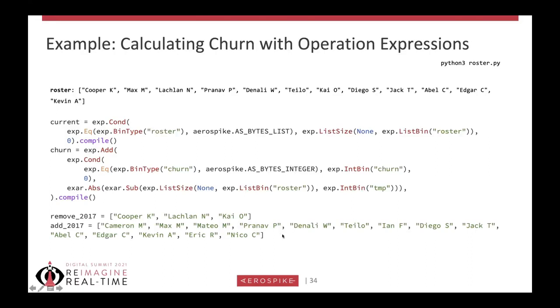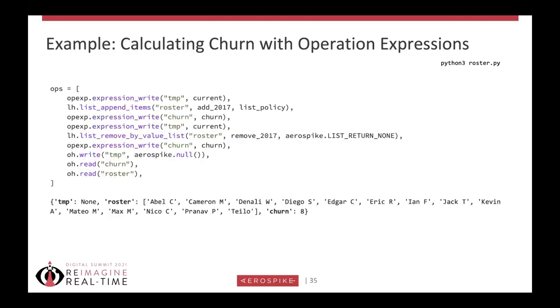Okay. So that's what this expression does when we calculate churn. So we had a list for 2016, and now we have two things we're doing. We're going to remove 3 players, and we're going to add a whole bunch of players. Some of them might already be on the team, but we're going to use a list policy that says this is a unique list. So it's an ordered list, and the values are unique. So we're going to ignore adding ones that are already there.